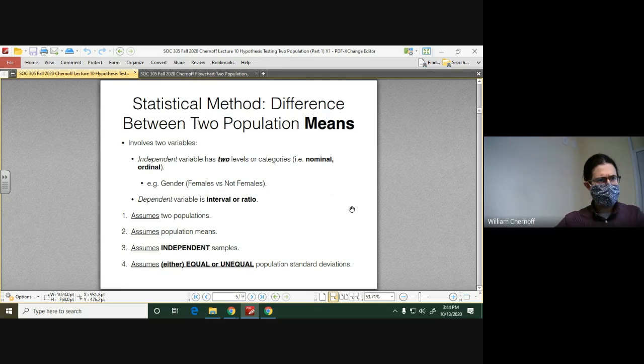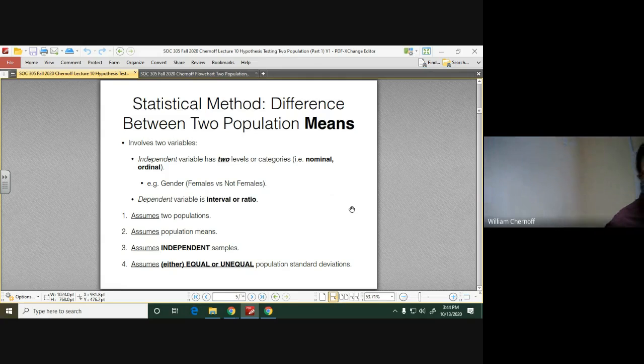You're really interested in fear of crime. So you want to know about the average fear of crime. In this case, that becomes your dependent variable. And you might be interested in how fear of crime differs between groups. So you might be interested in how fear of crime differs between people who identify as female and non-female. Or you might be interested in how fear of crime differs by freshmen or non-freshmen.